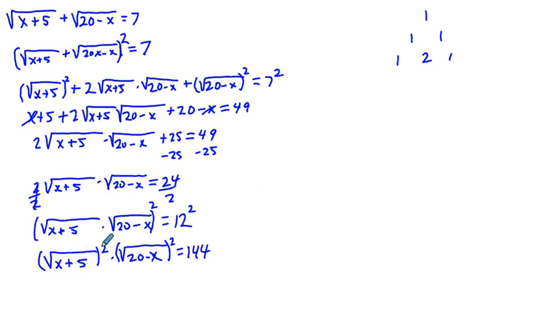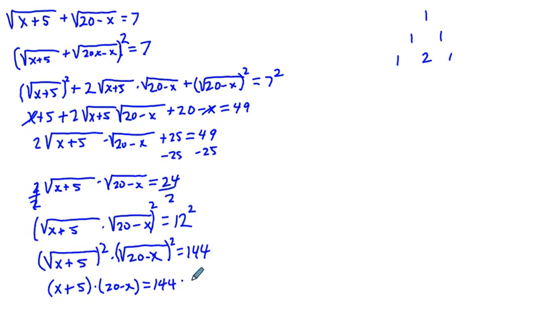The square roots and squares cancel out each other. So we have quantity x plus 5 times quantity 20 minus x is equal to 144.